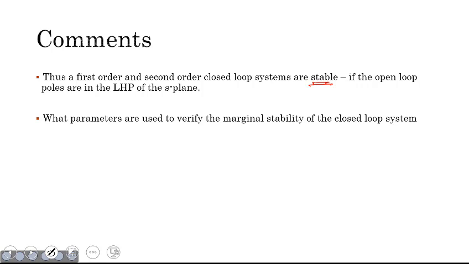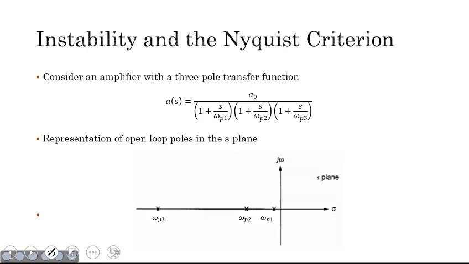In general, we have some set of parameters to check whether the system is totally stable, marginally stable, or unstable. So we'll talk about what those parameters are, and basically those parameters have to be extracted from the loop gain, as I said before. Okay, let me see what those are.